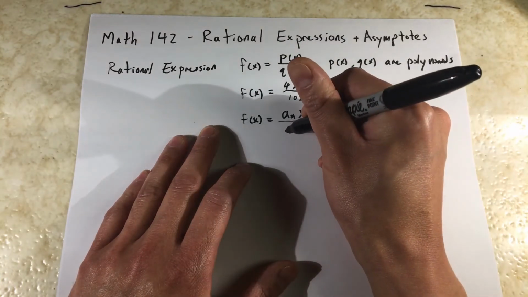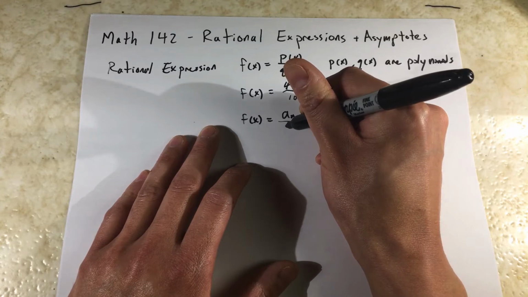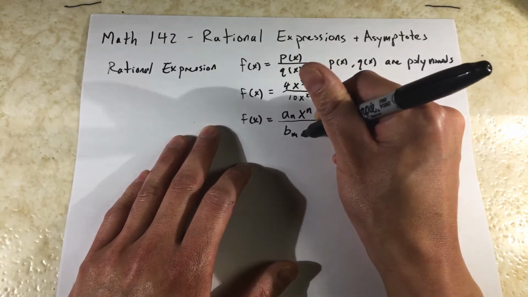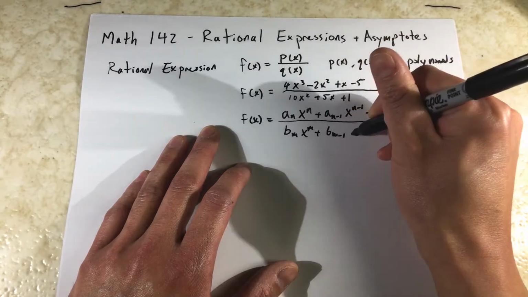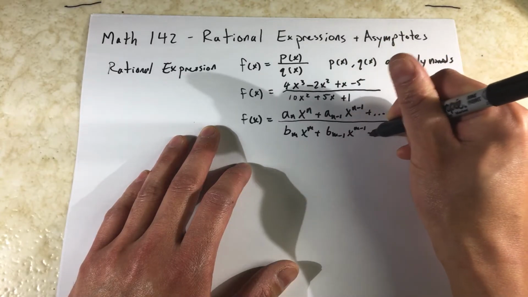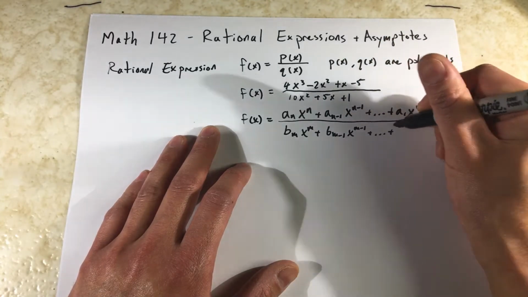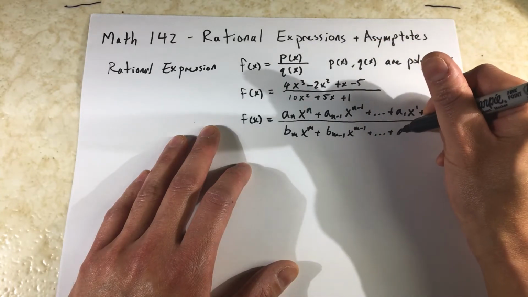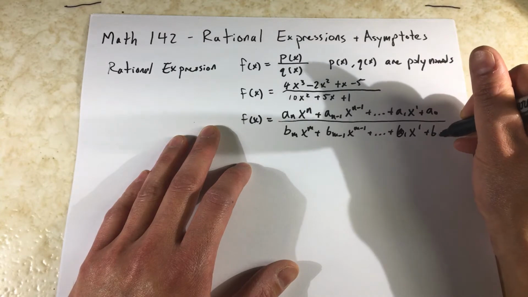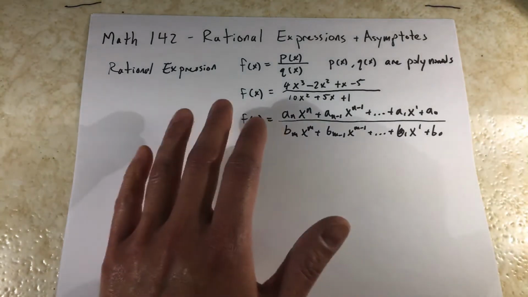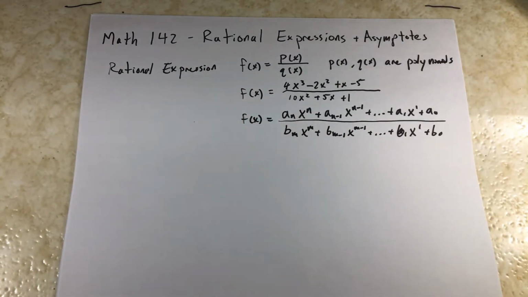And then the denominator is some other set: b_m x to the m plus b_(m-1) x to the m minus 1, and all the other ones that count down until you get to b_1 x to the 1 plus b_0, the constant term. All right, so that's how you would write it out more generally.